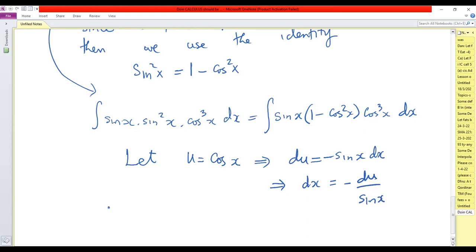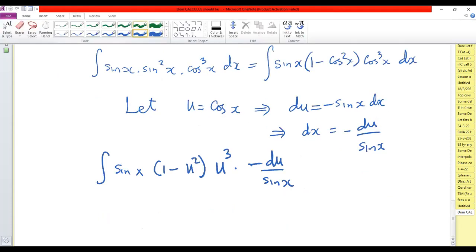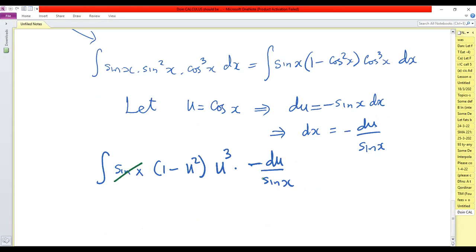And so we'll have the integral of sine of x and then 1 minus, so cos squared x will be given by u squared, and then u power 3. Instead of dx, we replace by minus du over sine of x. And so this sine of x and sine of x cancels out.